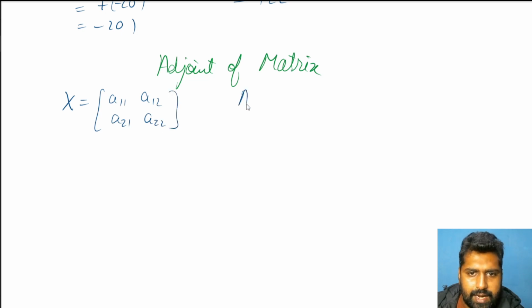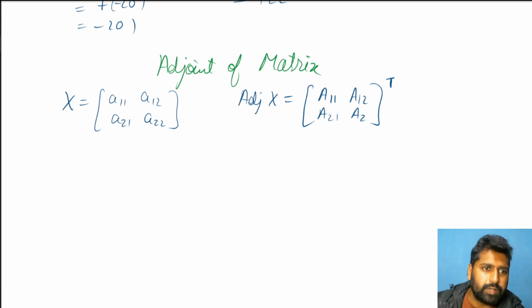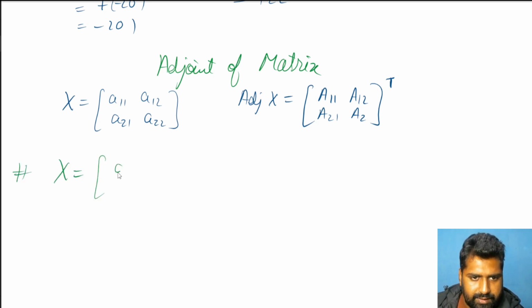Then the adjoint of that matrix, adjoint X, first of all it's a matrix, you have to understand that, is the cofactors A11, A12, A21, A22 of this, and do the transpose of it. You calculate cofactors of this, arrange them in a matrix, and then take the transpose of it. I know it sounds lengthy, but let's see what happens for ABCD. Suppose your matrix X was ABCD.